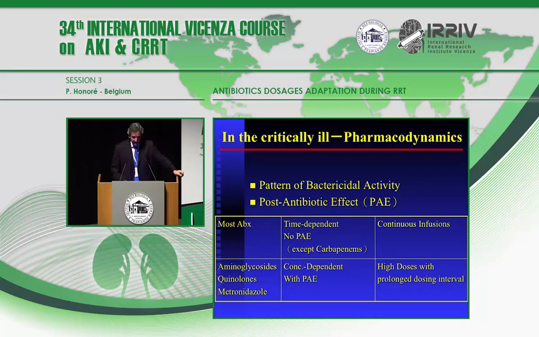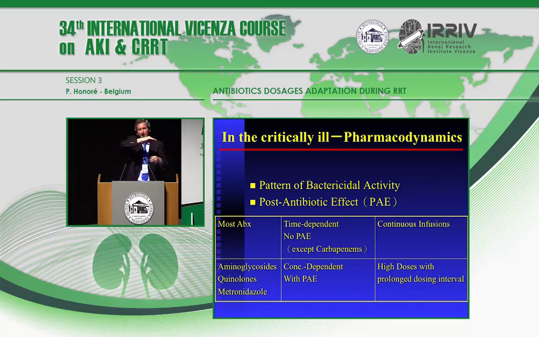Now, we know we need to make two major differences here. What we call the time-dependent antibiotics: beta-lactams, carbapenems, and so forth, and tazocin. If you want to give under CRT 4 grams 4 times a day of tazocin, you have a huge peak, and you get it completely eliminated mostly by CRT, and the decay is very quick.